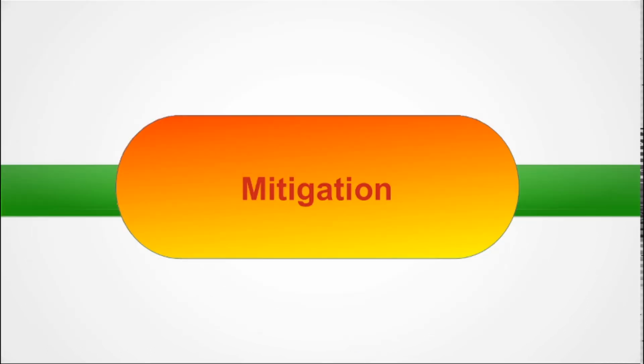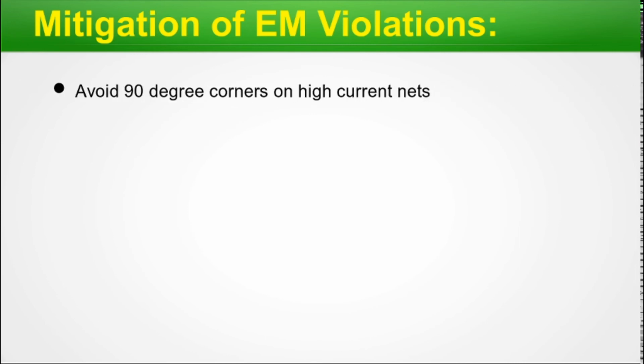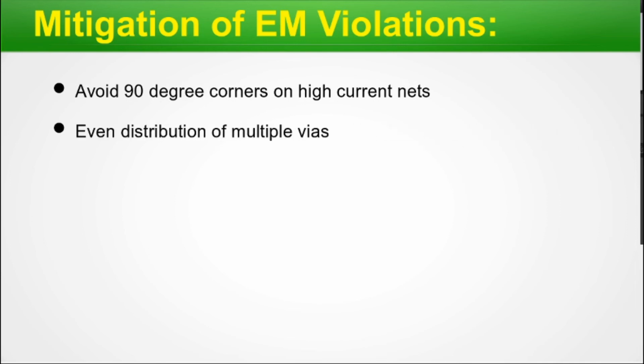Now we have discussed the EM, its physics, its detection methodology in both analog and digital. Now comes the mitigation part. The mitigation part is the same in either of the cases, because we have to make the changes in the layout. We have to avoid 90-degree corners on high current nets, and use even distribution of multiple vias.